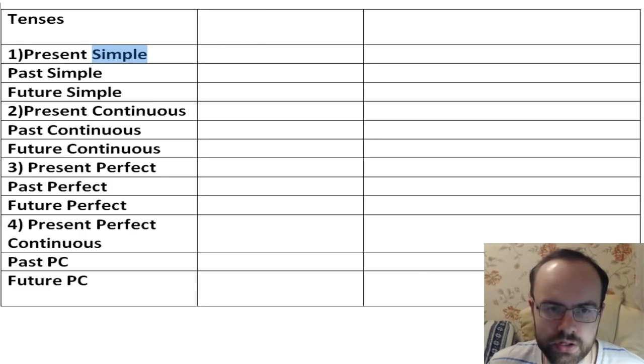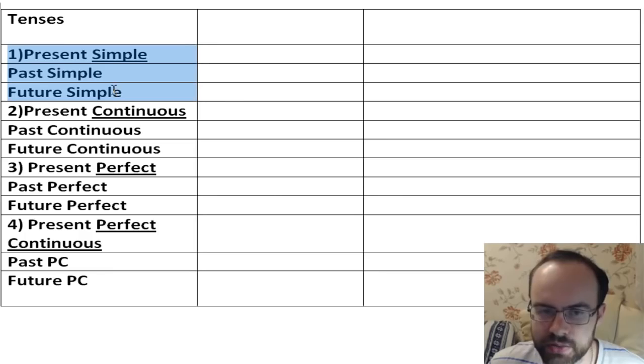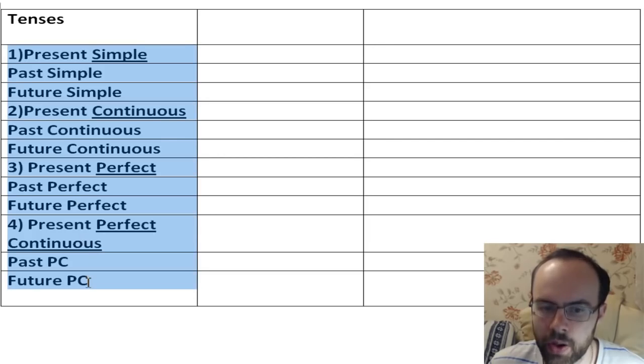We call these groups simple, continuous, perfect, and perfect continuous, and there are 3 times for each group. As a result you have 12 tenses.